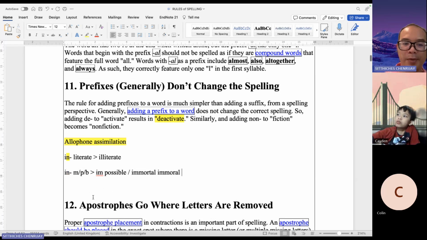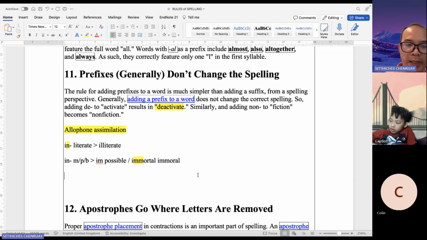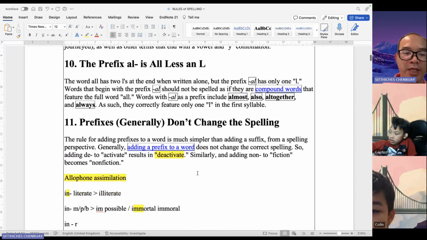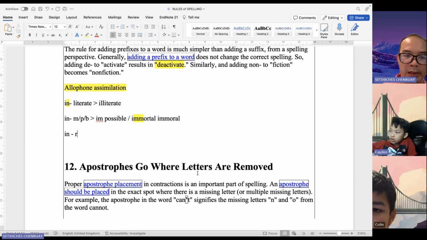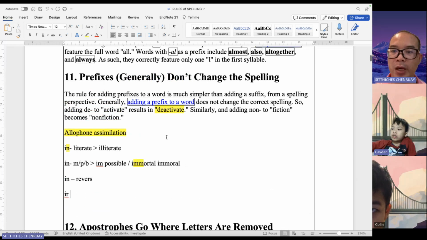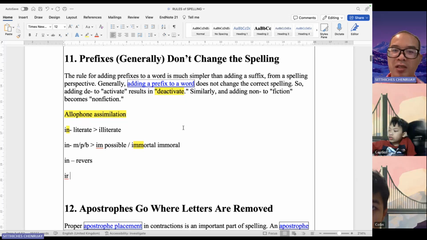Okay, this one, so it's double M. Then another one is R. In becomes IR after R. You see the word reversible, right? It becomes IR. This one. So this is prefix change, sometimes changing the spelling.